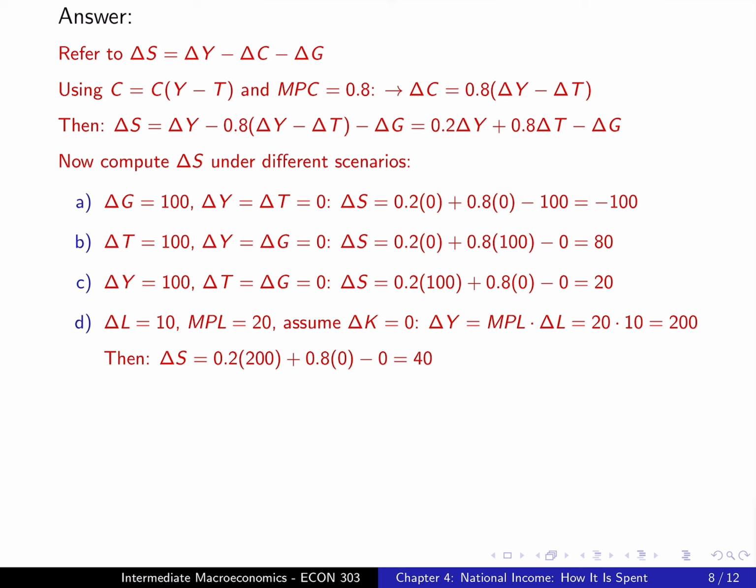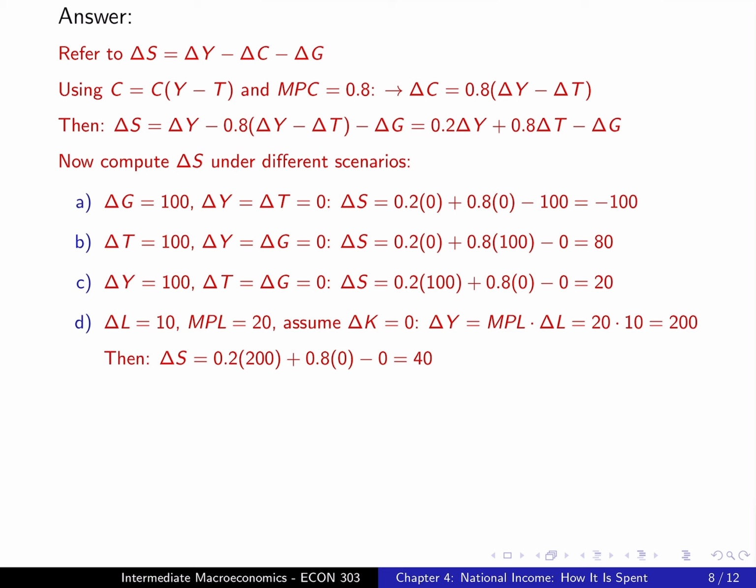B. Delta T equals 100, delta Y equals delta G equals 0. Then delta S equals 0.2 times 0 plus 0.8 times 100 minus 0 equals 80.